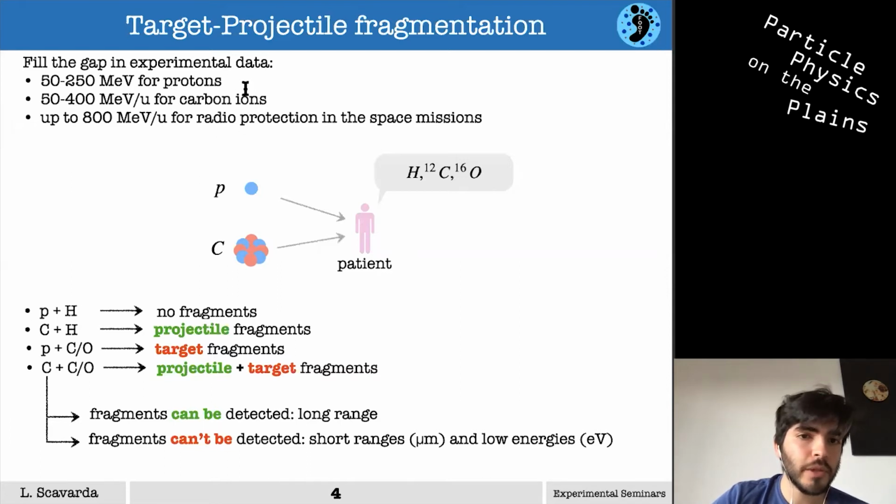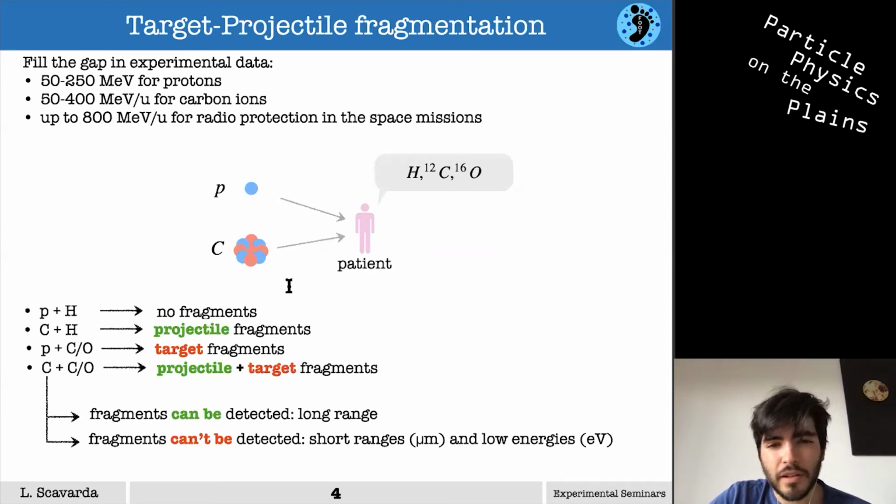For hadron therapy with carbon ions, we'll do measurements with beams in the range between 50 and 400 MeV per nucleon. Instead, for the radioprotection, we have to extend the energy range up to 400 MeV per nucleon. So the idea is to use proton and carbon ions as beams on a carbon or oxygen target.